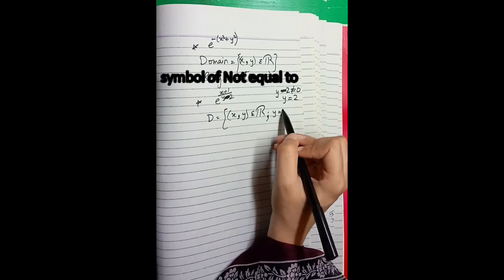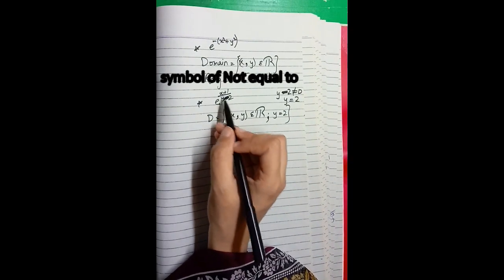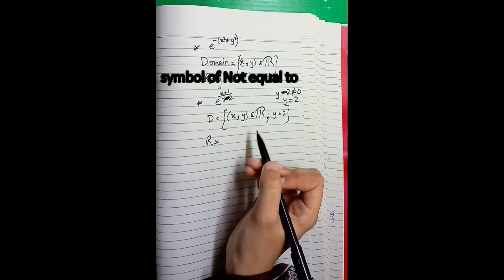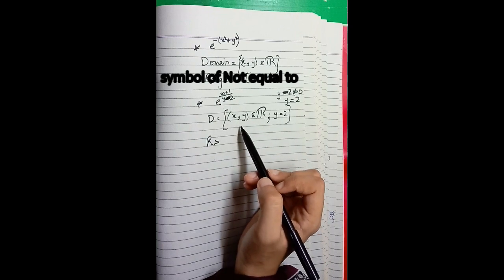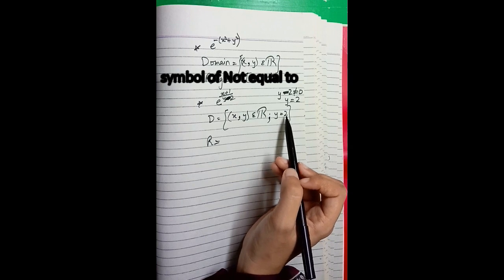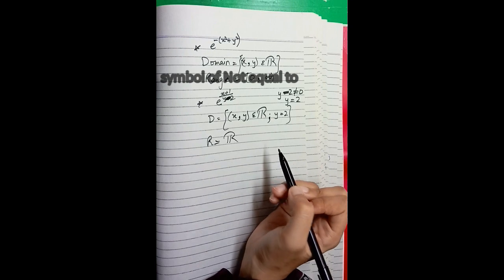So when you have any other conditions with the exponential, you should consider these. Now for the range, when you put values, negative or positive, but not 2, you will see that in the range you get all the real numbers.